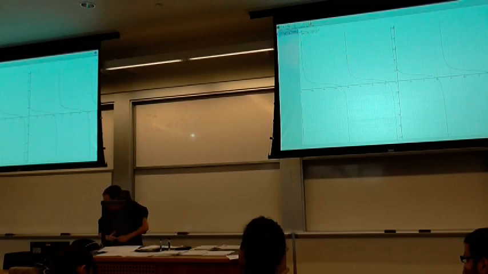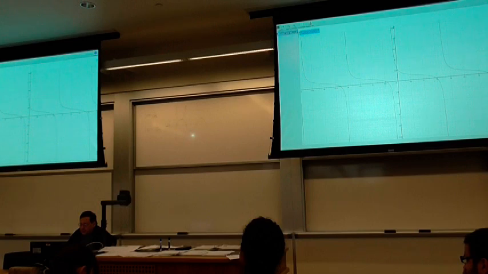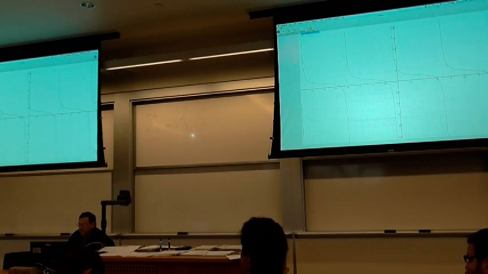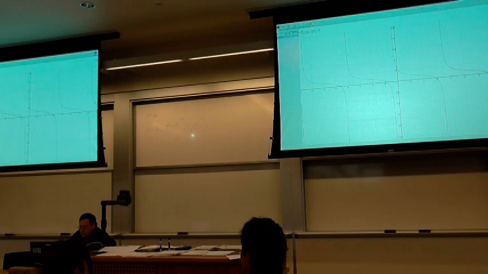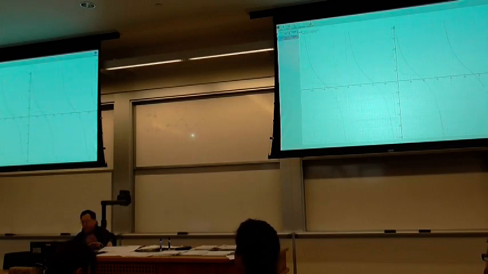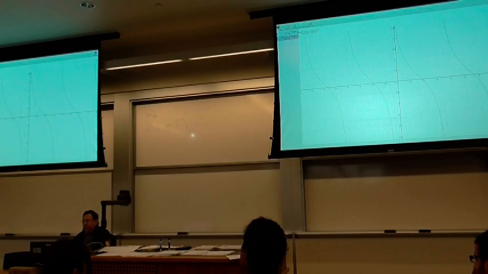The worst I might do is, let's see, let's duplicate this. I could imagine asking this question. If I said, which of these curves is A bigger?